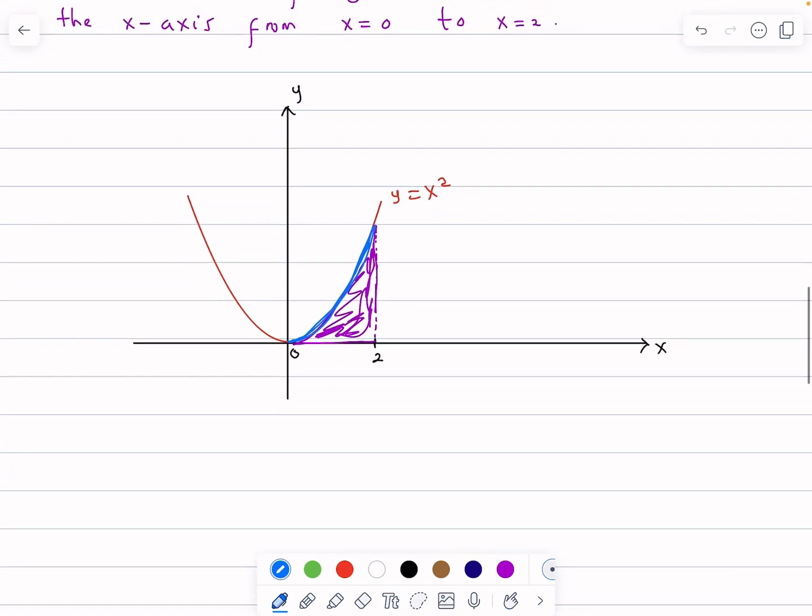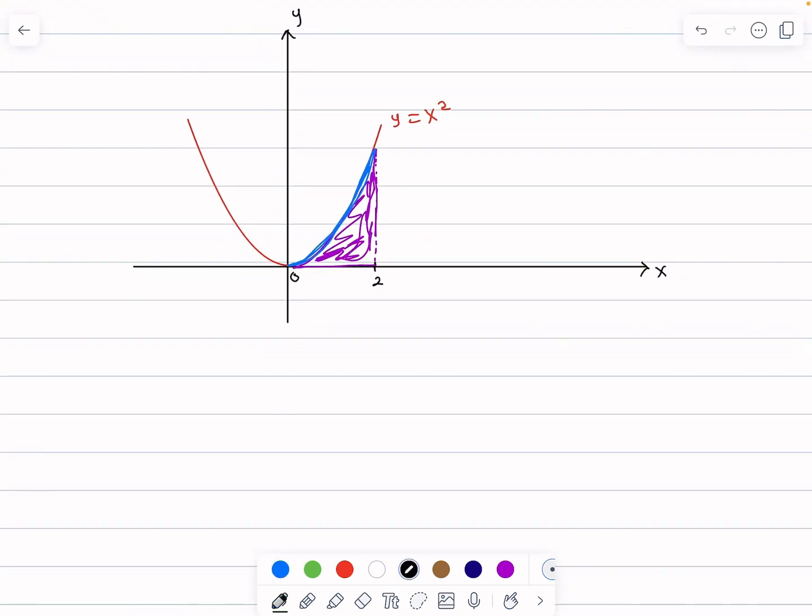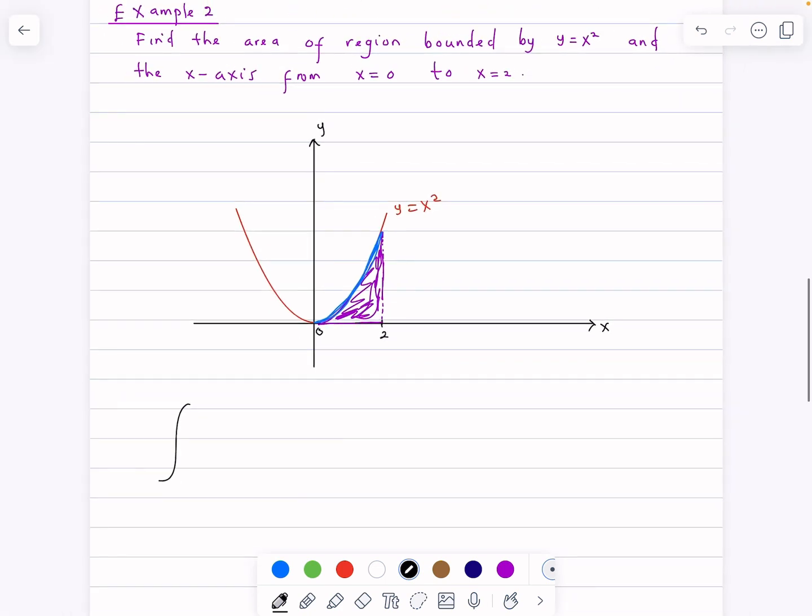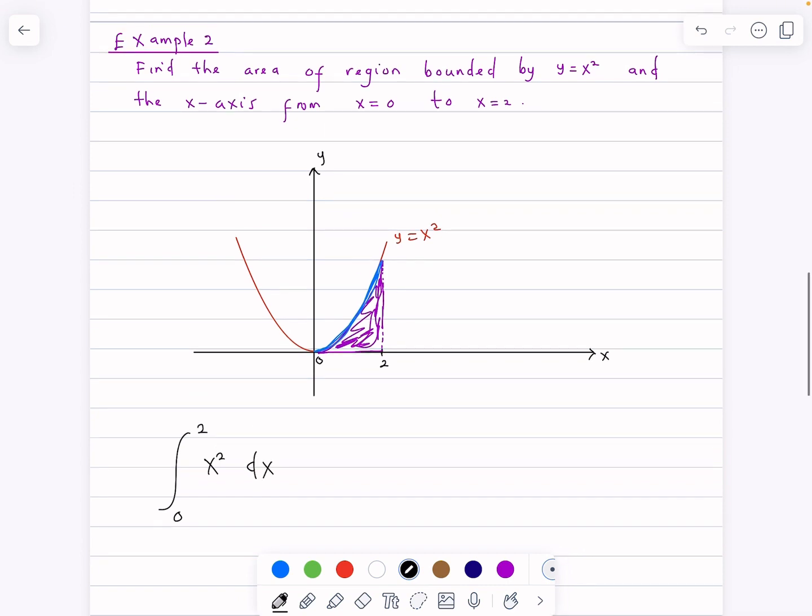To find this area, I can just compute the integral from 0 to 2 of x squared dx. Of course, 0 to 2 is coming from the question, x is equal to 0 to x is equal to 2, and x squared is coming from y is equal to x squared.